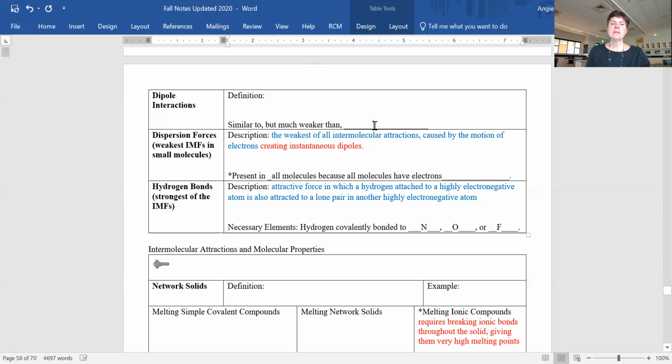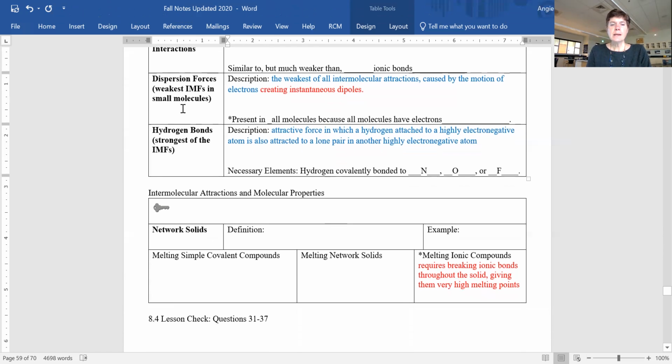So these are going to be similar to, but much weaker than, ionic bonds. And the reason is we have an attraction of opposite charges. Ionic bonds have a true positive and negative, where dipole interactions are just partial positives and negatives. So that is the middle strength for these intermolecular forces of attraction for small molecules.